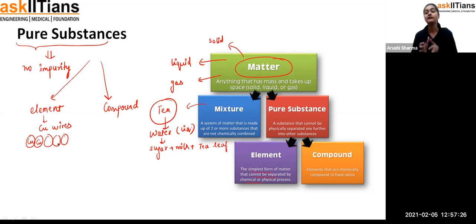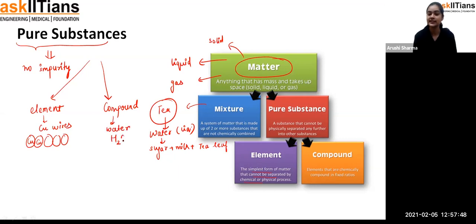Fine. But now if we talk about compounds, students, whenever elements combine together, we call them a compound. How? For example, water.